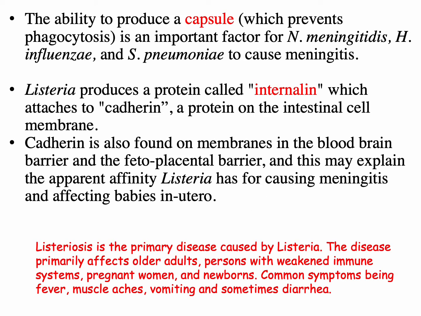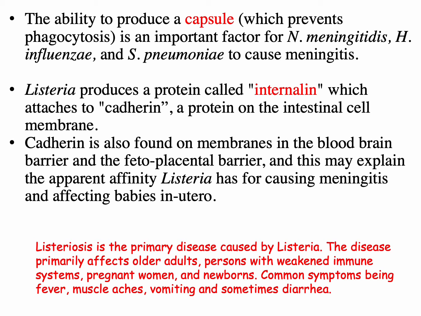So the ability for these bacteria to cause meningitis mostly depends on the ability to produce a capsule. The capsule has the ability to prevent phagocytosis, which is the uptake of bacteria by white blood cells. So this is an important factor for Neisseria, Haemophilus, and Streptococcus pneumoniae.